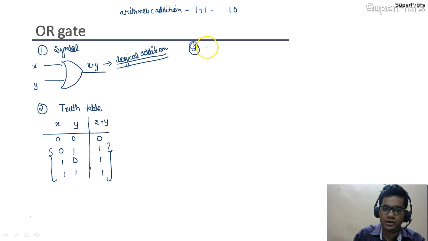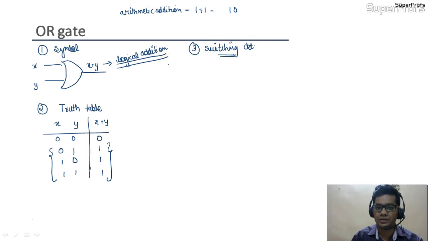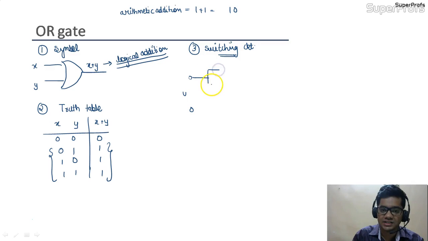Now third, we are going to discuss its switching circuit. To understand what the switching circuit should be, we take the help of the truth table. In the truth table, we are able to understand that if any of the switches is in on condition, then the bulb would be on.